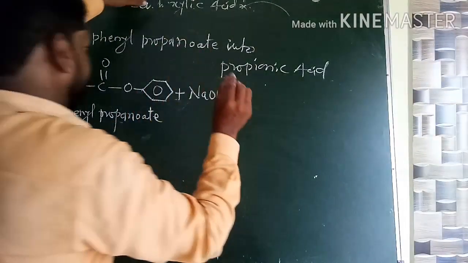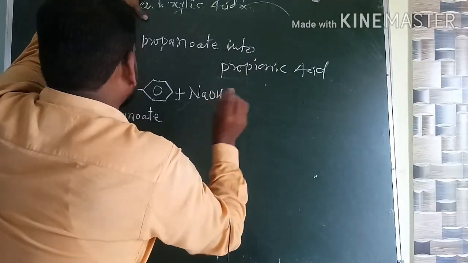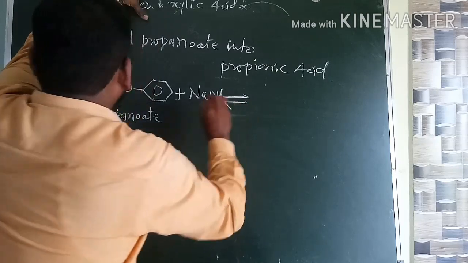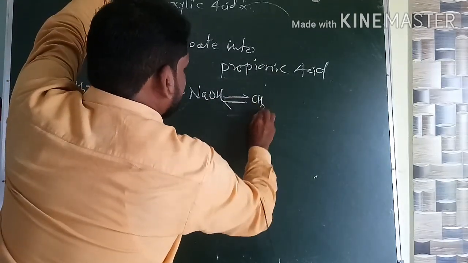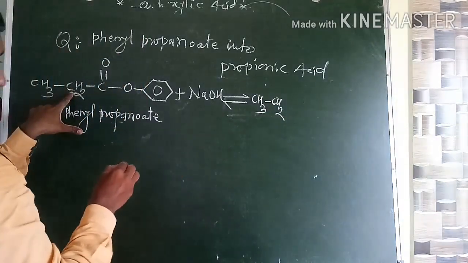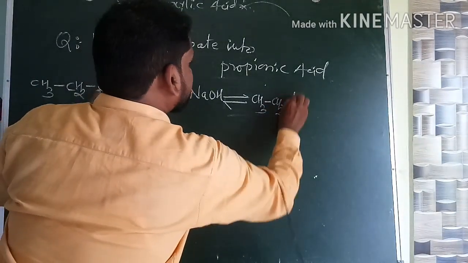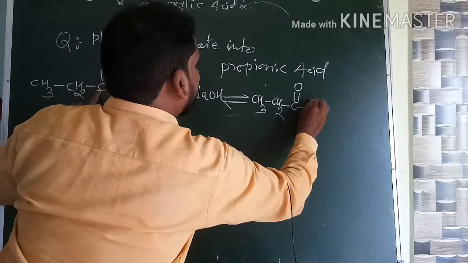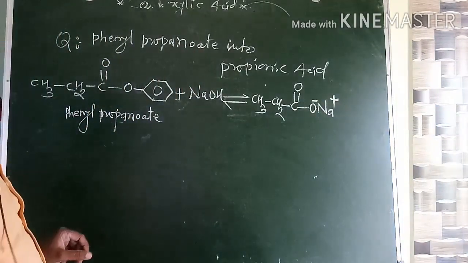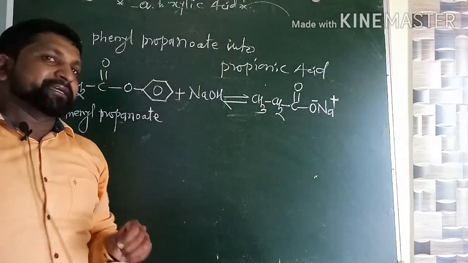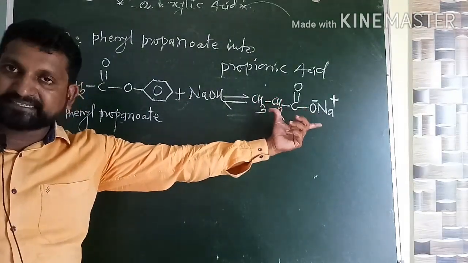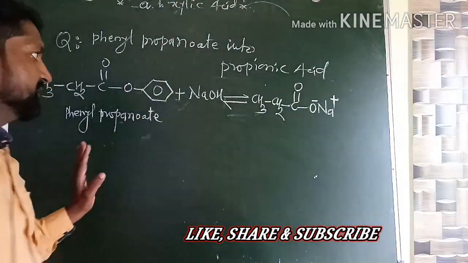Okay. Here, what will happen? Just see here. CH3, CH2, then C double bond O, O minus, Na plus. I think you know very well the name of this compound, carboxylic salt. Already we have discussed that.